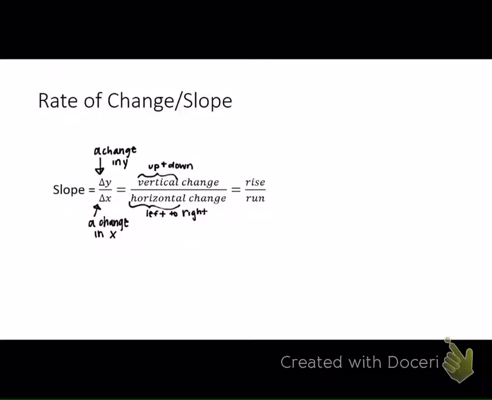Think of horizontal as horizon. So that is a rise over run. Rise means up and down, over a run, which is left to right.